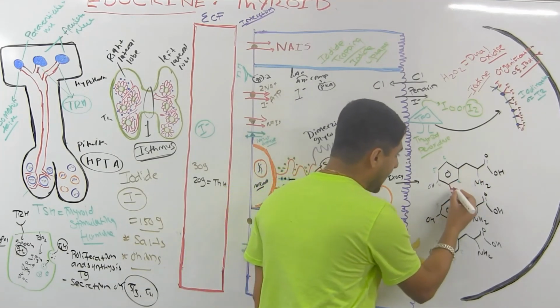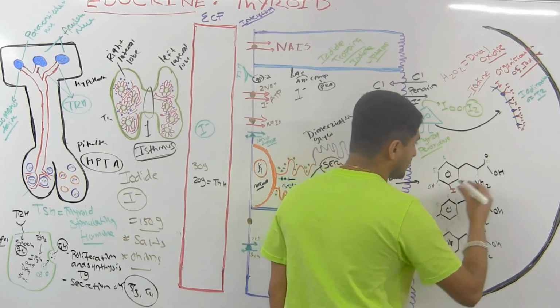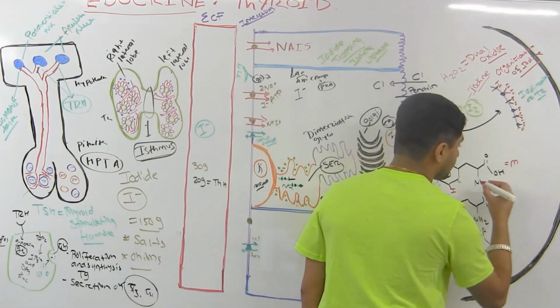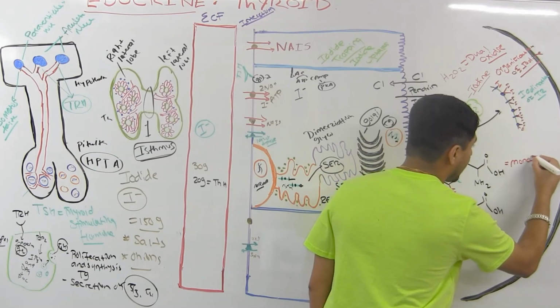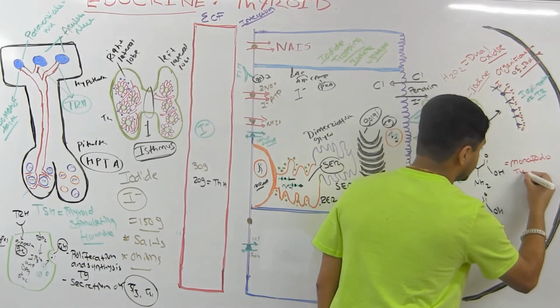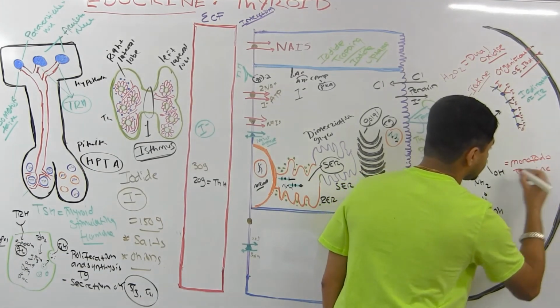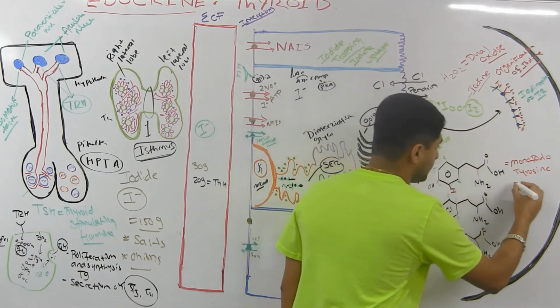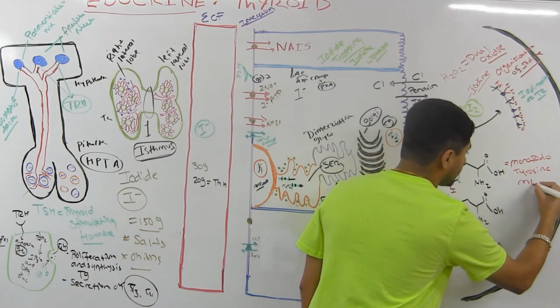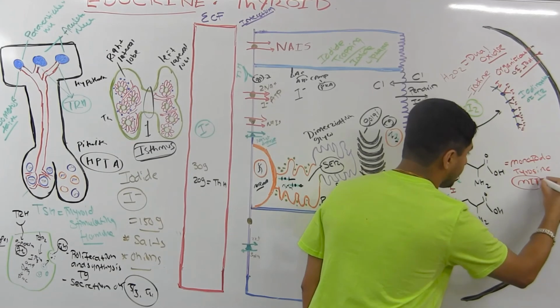If there's 1 I added into this tyrosine residue, that means we call it a monoiodotyrosine. And this is obviously with the help of TPO, and we simply call this MIT. They call this MIT.